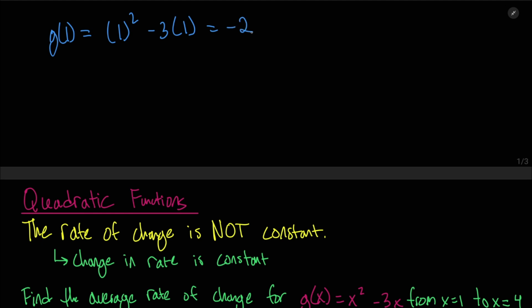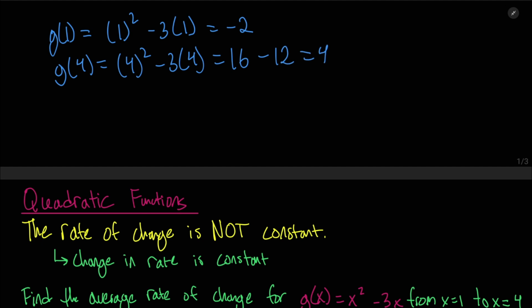That's 1 minus 3. That's -2. All right. And then now let's find the other one, g of 4. That's going to be 4 squared minus 3 times 4. Okay, what's 4 squared? That's 16 minus 3 times 4, which is 12. That's 4.